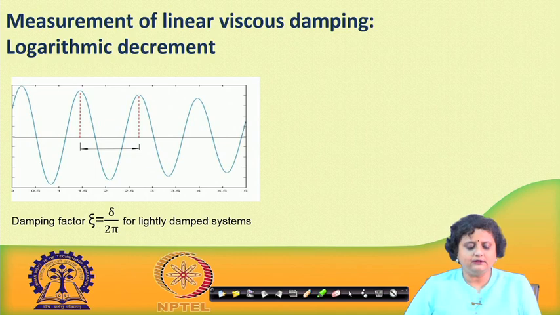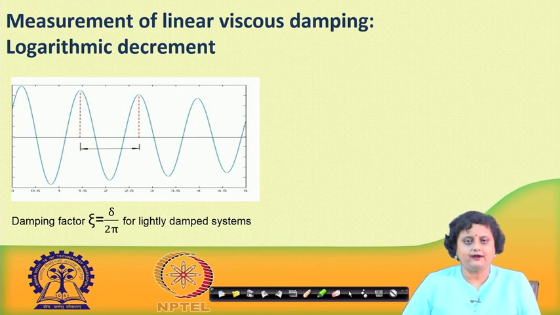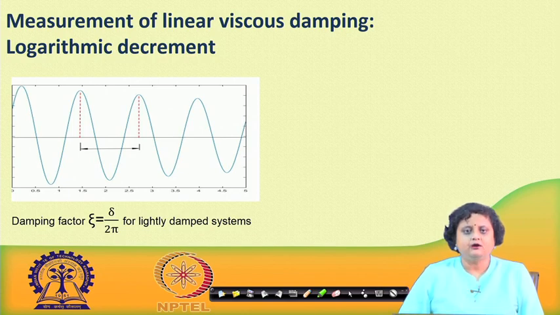So, now I will briefly explain what logarithmic decrement is and how we find out the damping ratio or damping factor of a single degree of freedom system using it. We will also use logarithmic decrement later in the course, where we try to find out the damping of a multi-degree of freedom system.